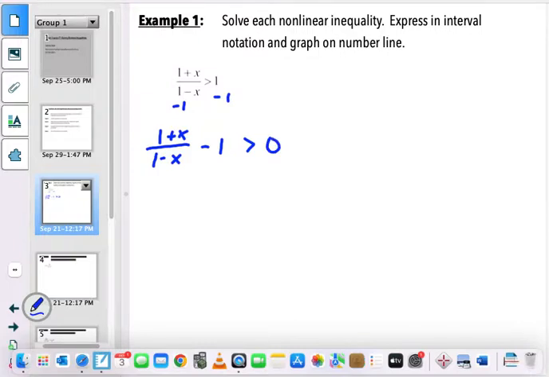All right, so I need to get a common denominator because I need to write the left-hand side as a single fraction. So my common denominator is going to be 1 minus x. So I'm going to multiply the numerator and denominator of the second fraction by 1 minus x.